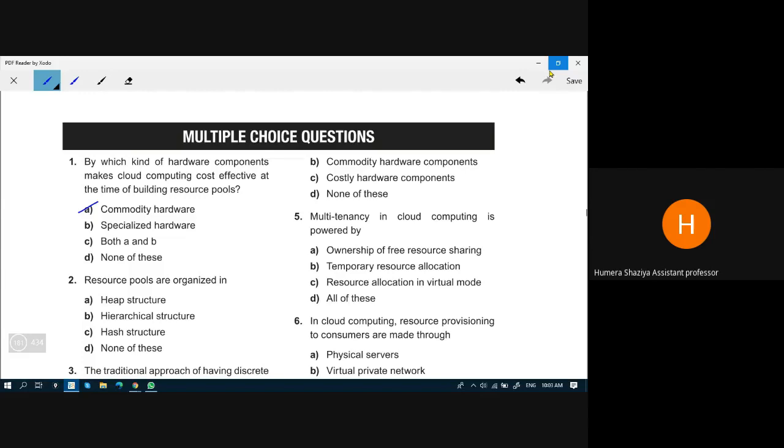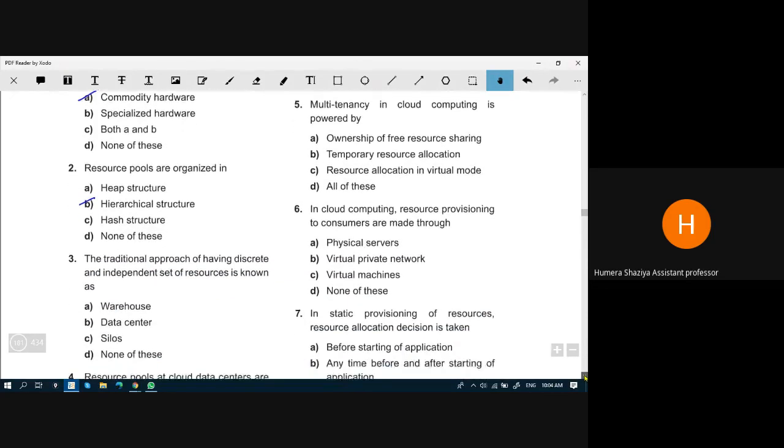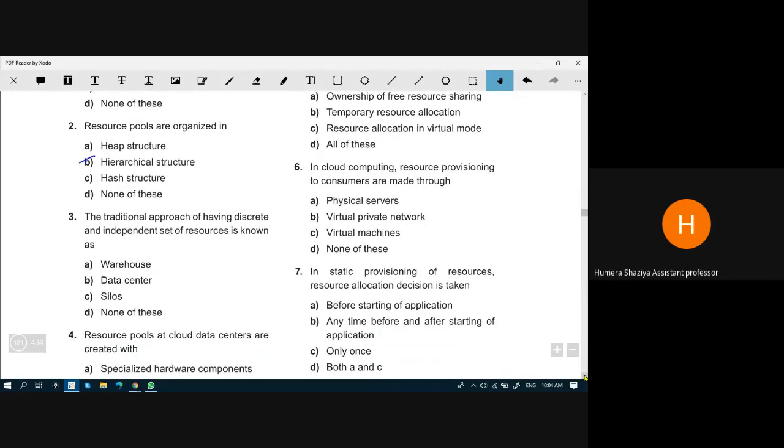Then resource pools are organized in hierarchical structures. If you have any doubt, you can ask. The traditional approach of having a discrete and independent set of resources is known as the traditional one.